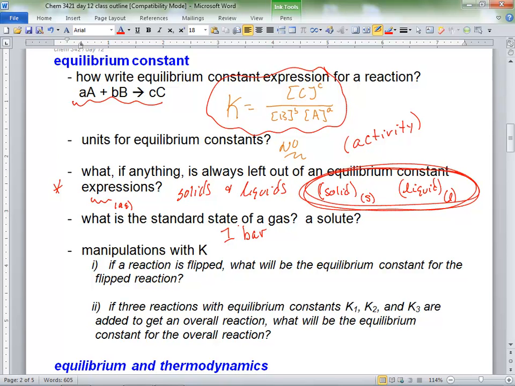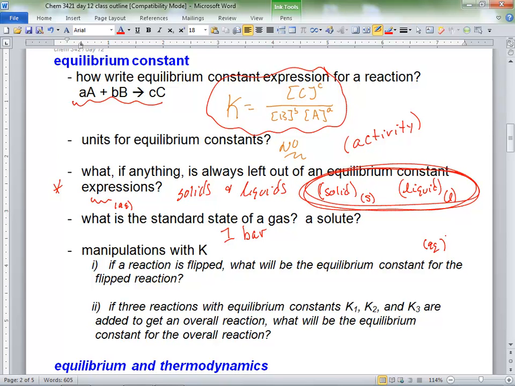Okay, what is the standard state of a solute? What's a solute? Give me an example, Jenny, of a solute. A solute is anything that you're going to have the little AQ subscript on, especially if you're dissolving it in water. So name anything that dissolves in water, that's a solute.